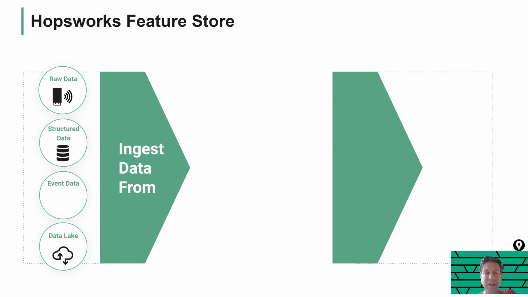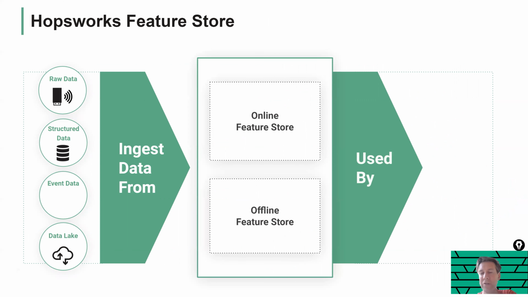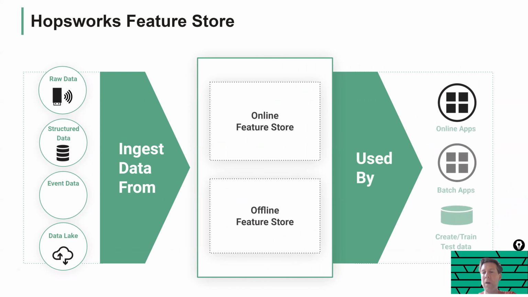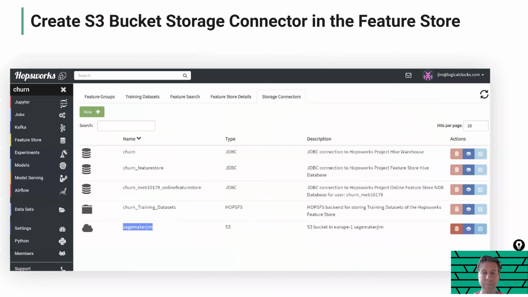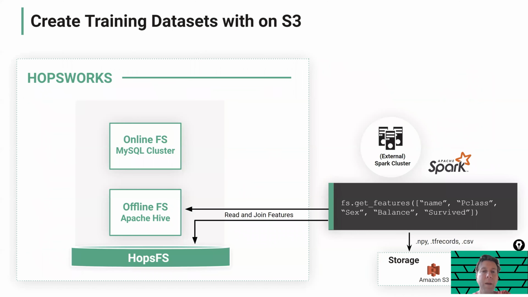So we want to take in these features from all these different data sources into the feature store, and we want to use those features in online applications, in batch applications, and for training and test data sets that data scientists will work with. Data scientists will typically want to use the feature store to create training and test data sets.